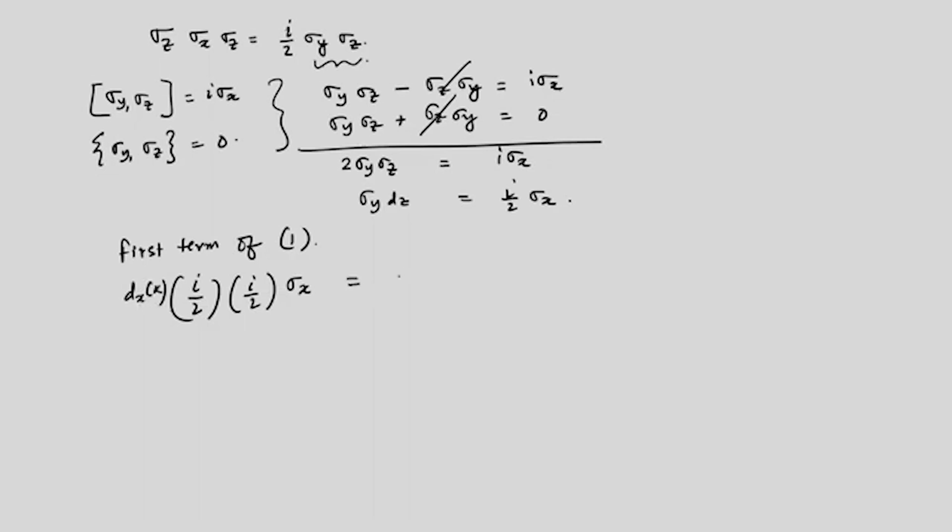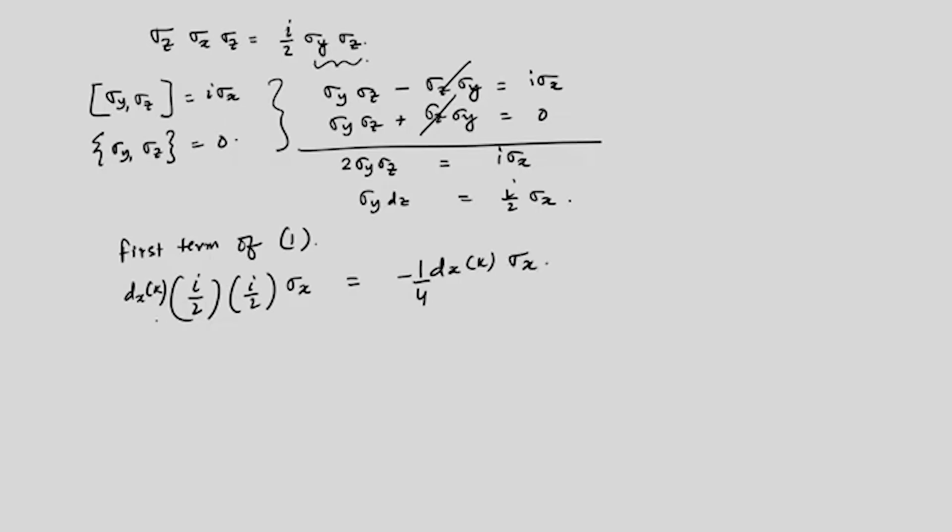So this is nothing but dx(k), and then there is a 1 over 4 which comes from this thing, but that can be absorbed, that's just a constant factor, and sigma x.